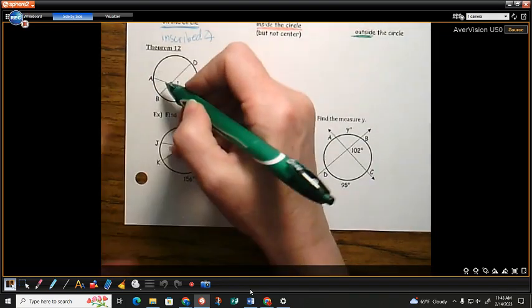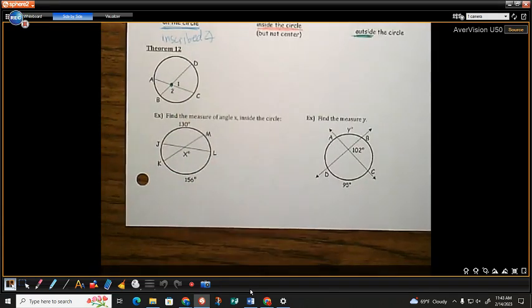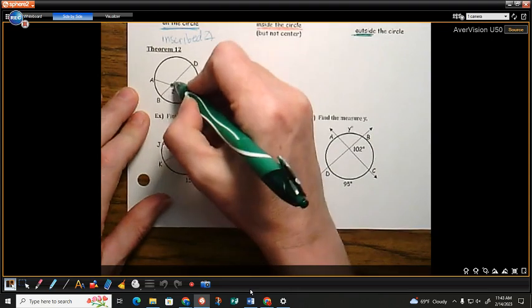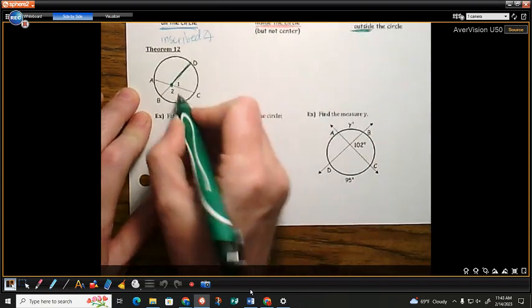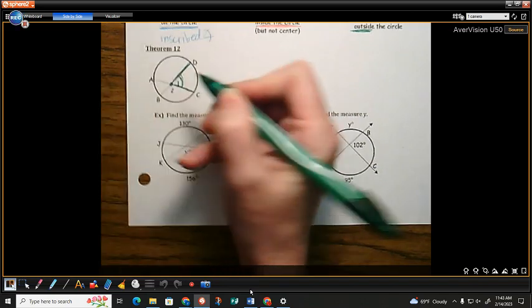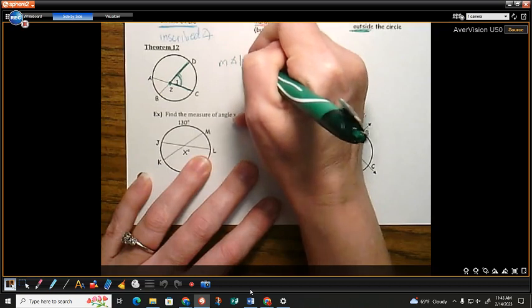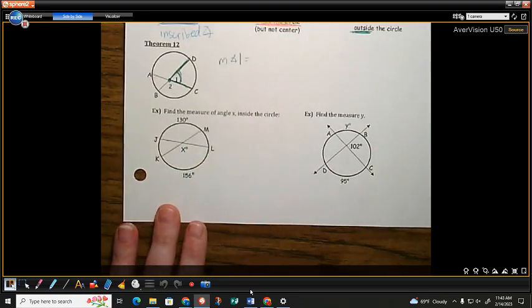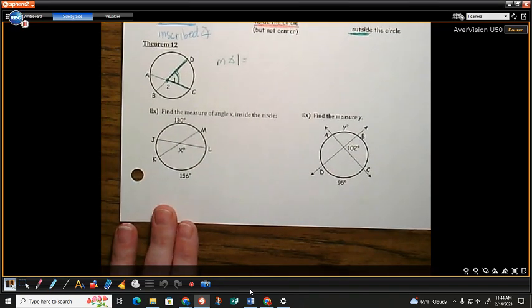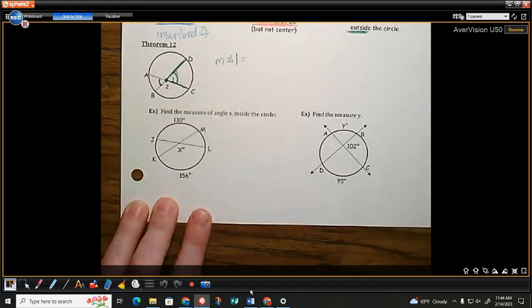Okay? And what you end up with is basically a couple of chords that are meeting at angles. So let's see, angle 1 is right here. And I want to find the measure of angle 1. But wait a minute. Isn't this the same size as angle 1 over here?